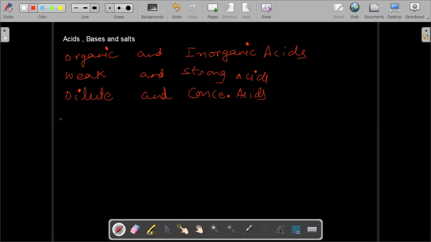Now we were doing the tests for acids. The different tests that we have for acids and bases: we have the litmus test, then we have the turmeric test, which is for bases.